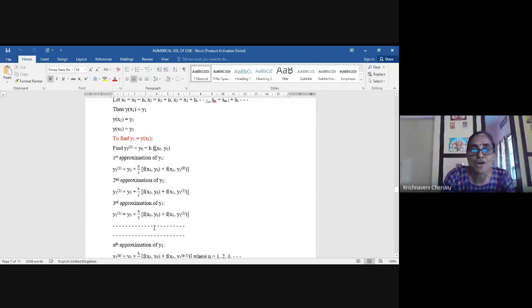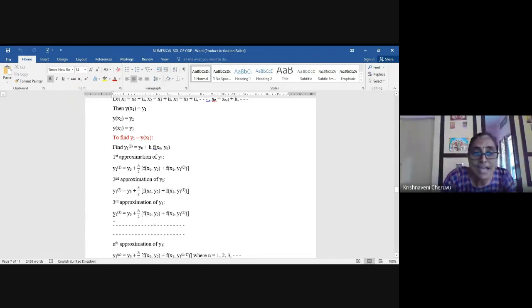Now see the third approximation for y1, which is y1 bracket 3. Please make sure that you are thorough with the notation. y1 bracket 3 is again the same up to here, y0, h, f of x0, y0, because from y0 you are getting y1.